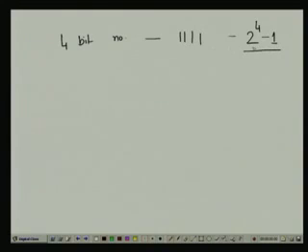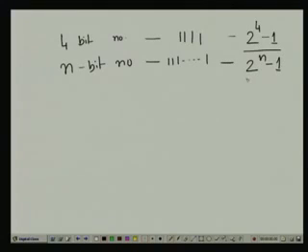So, this is actually 15. In general, if it is an n-bit number, then this n number of ones means 2 to the power n minus 1, which gives all n bits ones, and this 2 to the power n minus 1 we define as the ones complement.